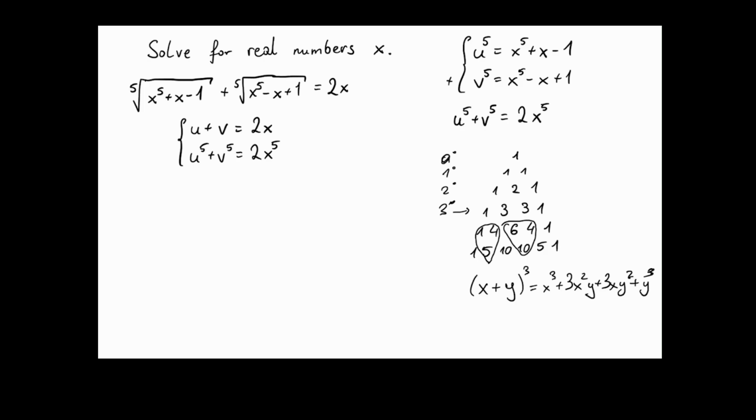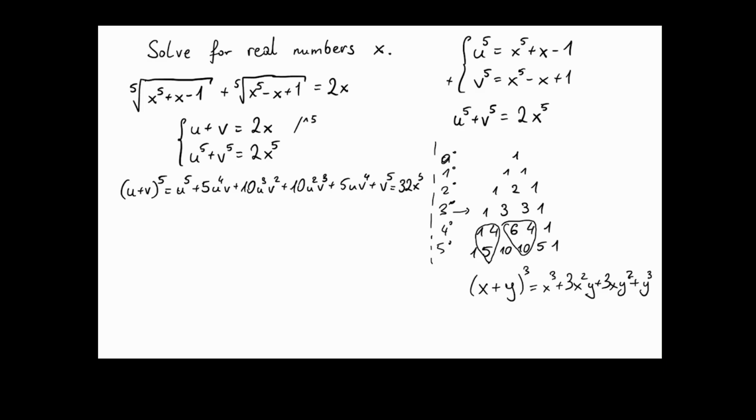So this will come in handy when we try to calculate u plus v to the 5th power. And this thing should be equal to 32x to the 5th power.